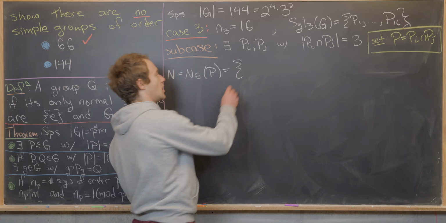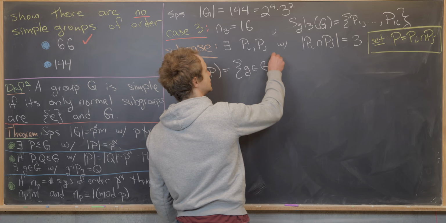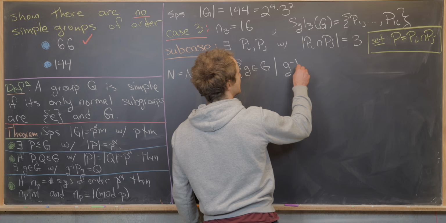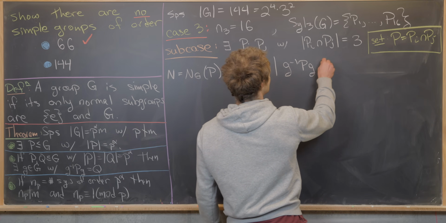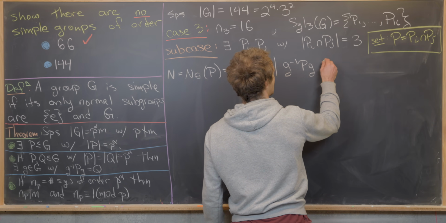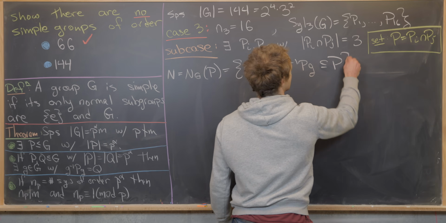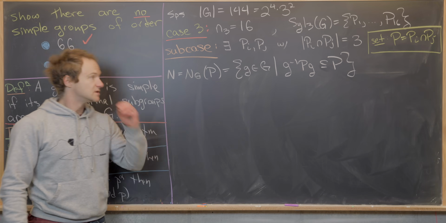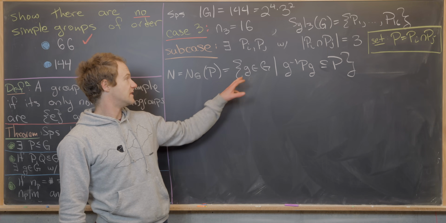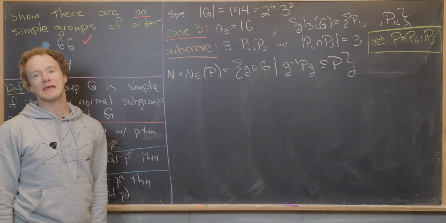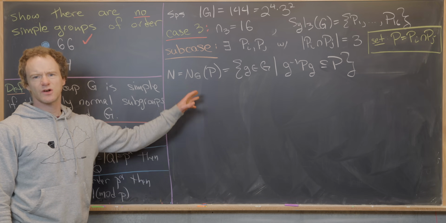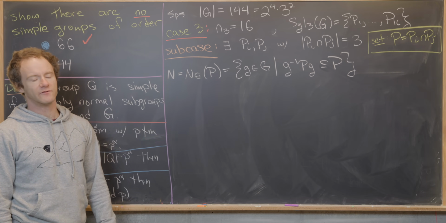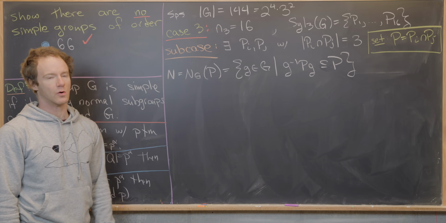That's going to be all elements g in G such that g inverse P g is contained inside of P. So notice if this is the whole group, then P is normal. And so this is like a classical way of creating a new subgroup from an old subgroup.